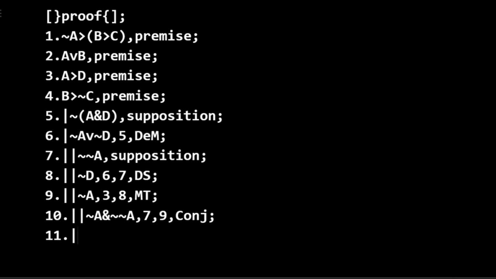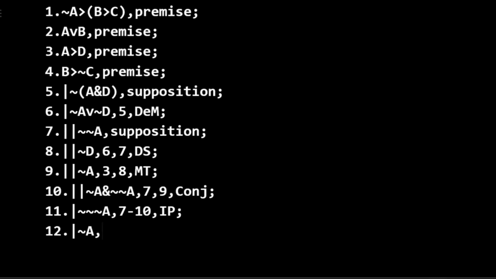Okay. And so now we can conclude from this inner indirect proof segment, not A, lines 7 through 10 by indirect proof. And then in line 12, we can get not A. Line 11, double negation.